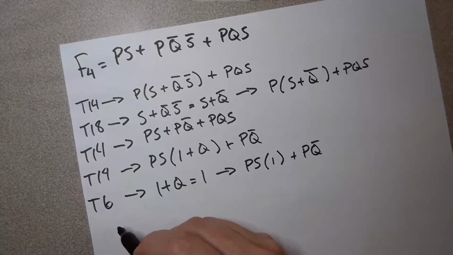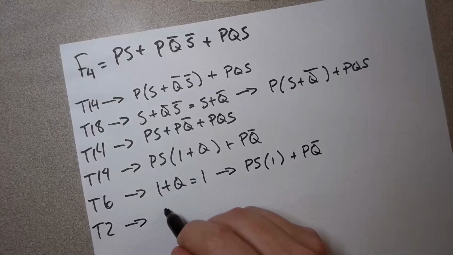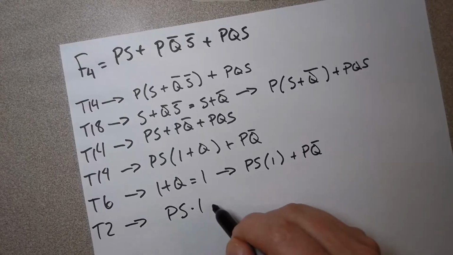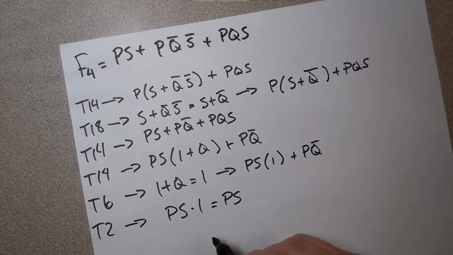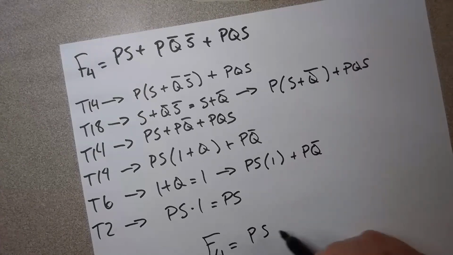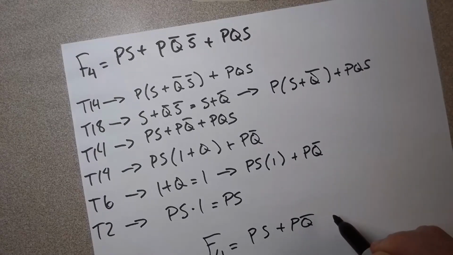Then we use theorem 2 to tell us that p, s, and 1 is going to be equal to ps. So that gives us a final answer: F4 of ps or p and not q.